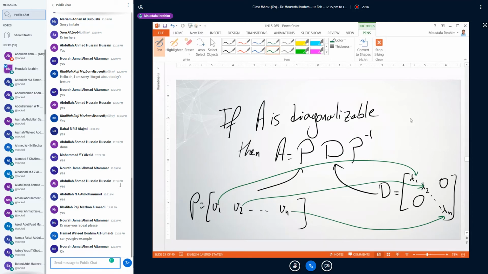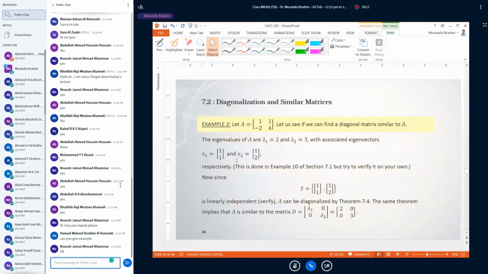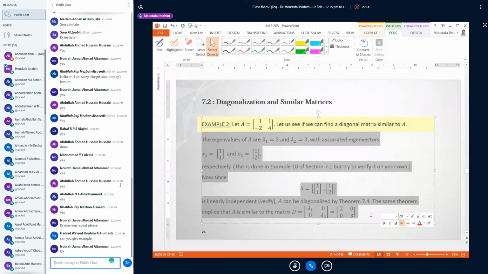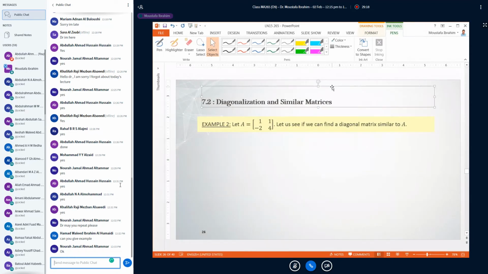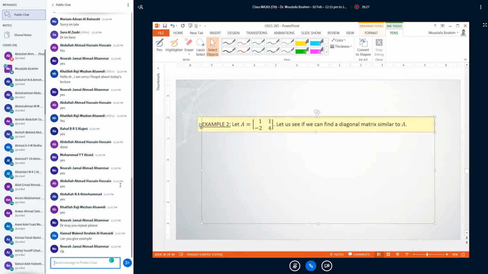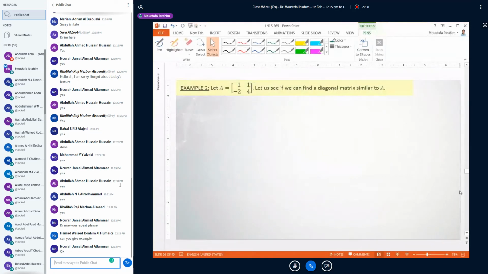Let's directly hit an example to understand the idea of diagonalizable. We have the matrix A, 1, 1, minus 2, 4.